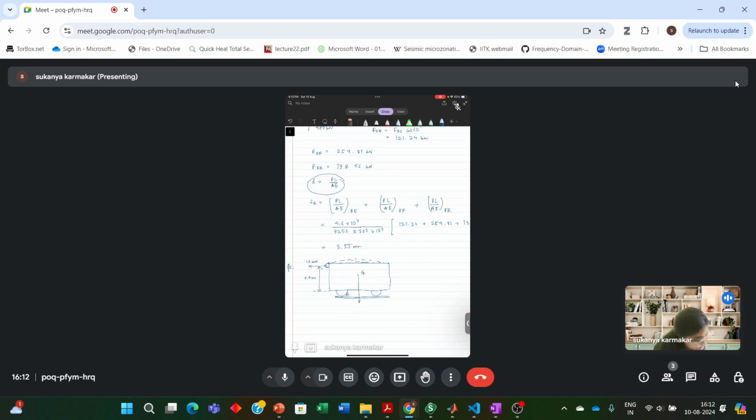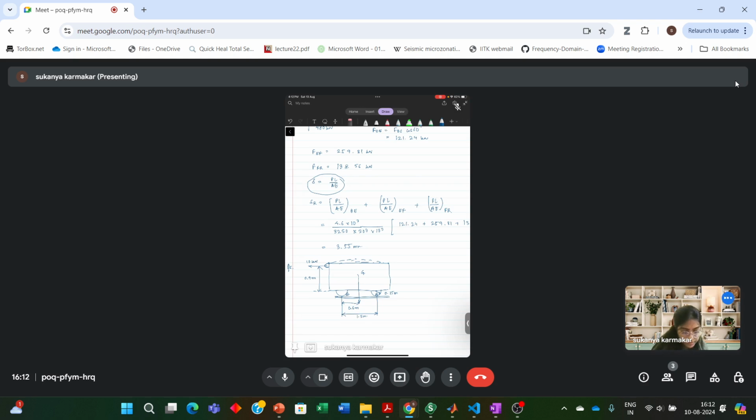This is point B, this is point A. This radius of the wheel is 0.15 meter. From this point, this distance is 0.6 meter. This distance is 1.5 meters.